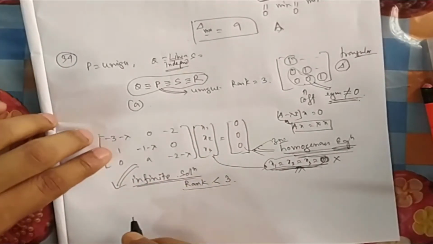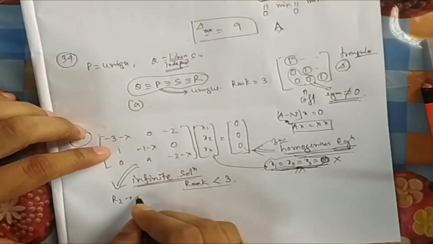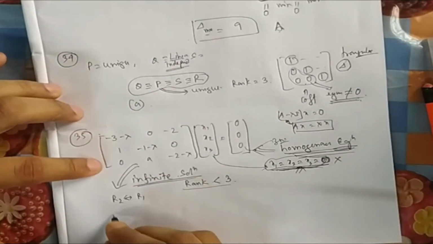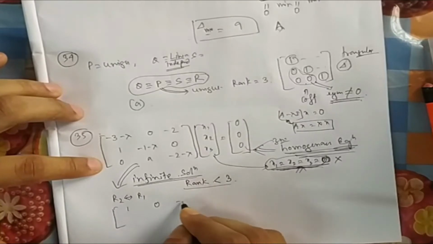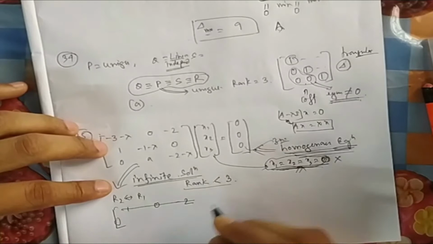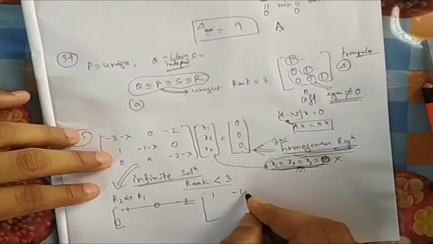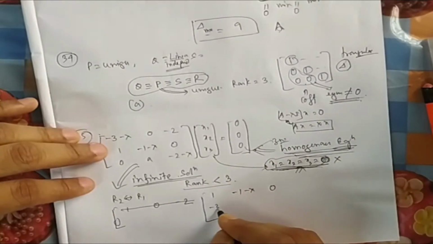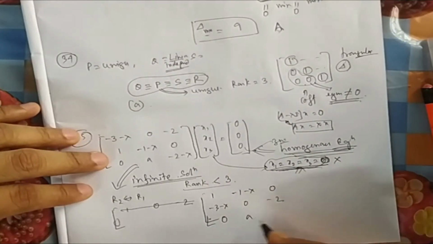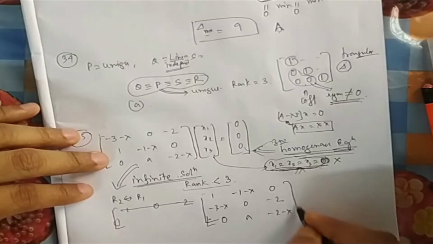To find the rank, I will interchange the positions of R1 and R2 because I want to keep the 1 on the upper side. So it is 1, 0, -2, sorry, R2: 1 minus lambda, 0, -3 minus lambda, 0, -2, then 0, A minus 2 minus lambda.